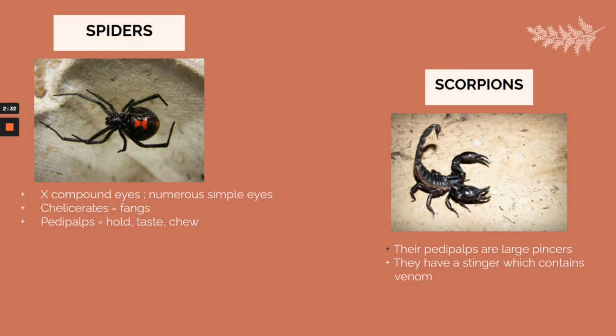The chelicerae are modified as fangs with a duct from a poison gland, and the pedipalps are used to hold, taste, and chew food. The abdomen often contains a silk gland, and spiders spin a web in which to trap their prey.